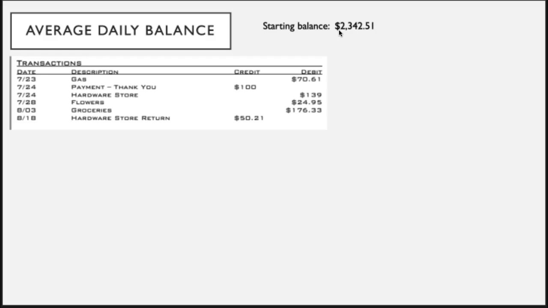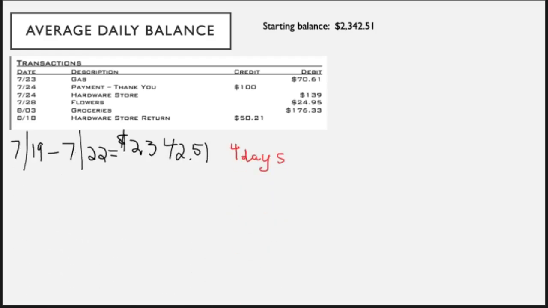On the 20th, well, the balance was still $2,342.51. And it's going to continue to be the balance through July 22nd. So for 4 days, you're going to have that balance. So write down next to July the 19th through July the 22nd. Mine's not exactly how you have it on your paper, but just repeat that balance for the first 4 days of the cycle.